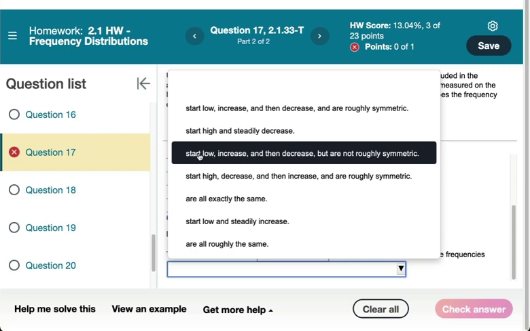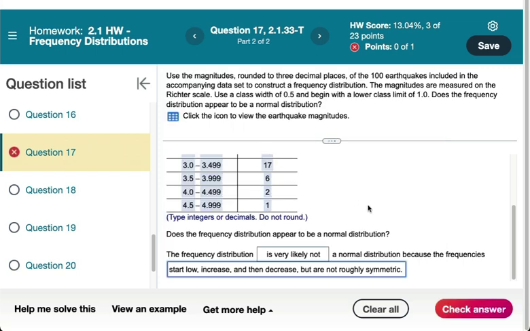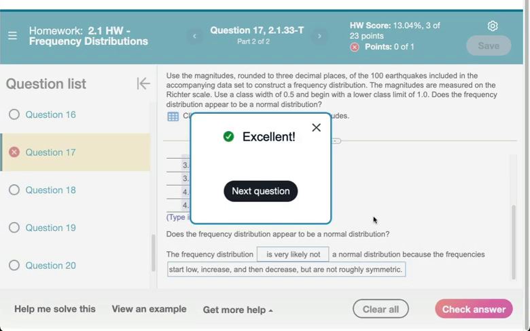I'm looking for something that starts low, increases and then decreases, but it's not symmetric. Not symmetric. And let's check our answer there. Yeah, so that is correct.